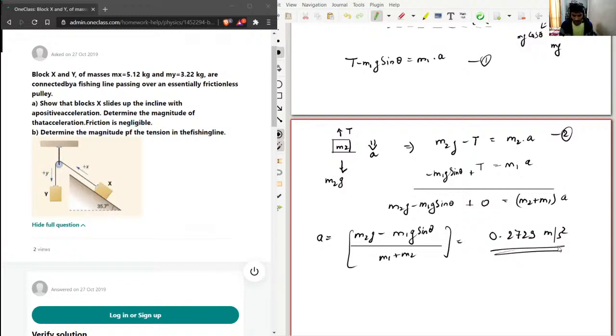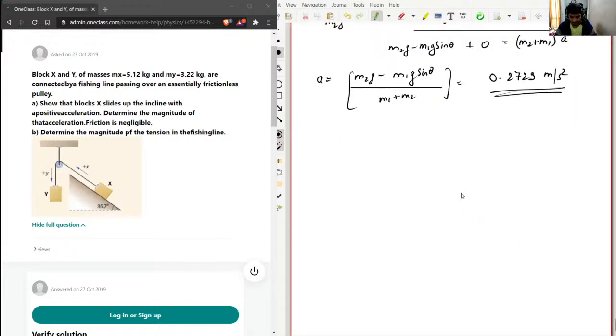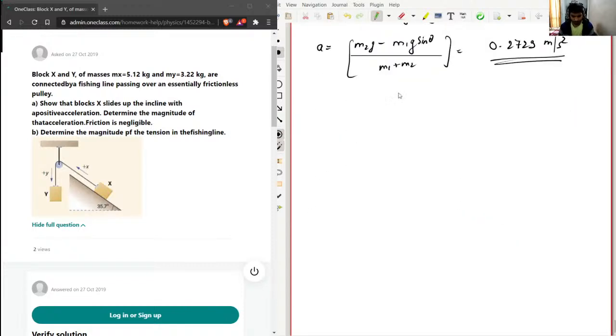Now we need to calculate the tension in the string. To calculate the tension, I'll just put the value of this acceleration in the second equation. Put a in equation 2.